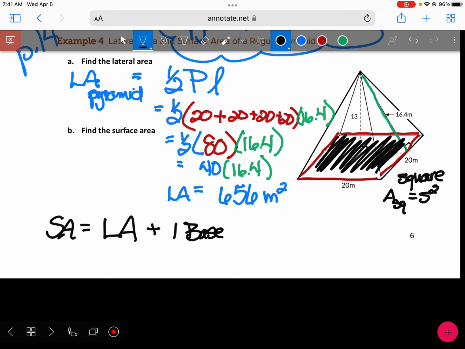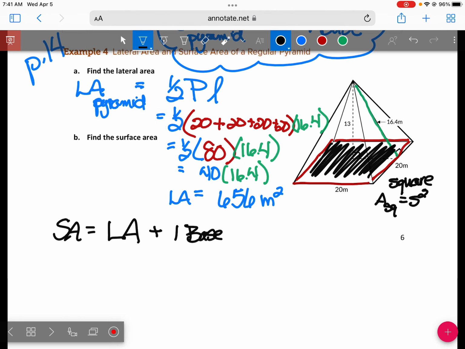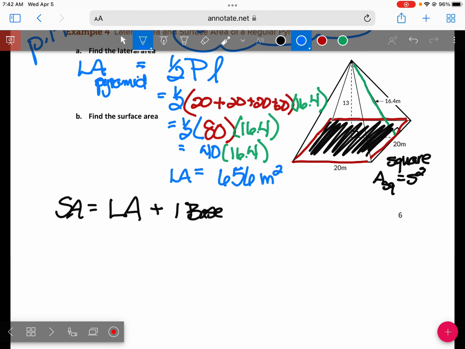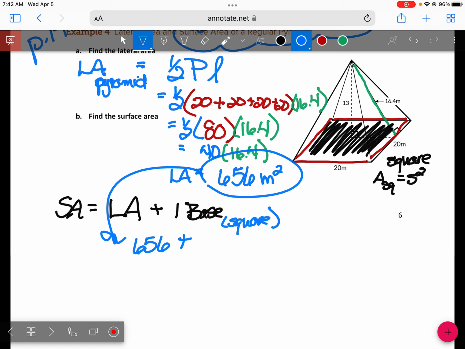So my surface area here is going to be my lateral area, which we just found, 656, plus my base, which is a square, which is 20 squared.